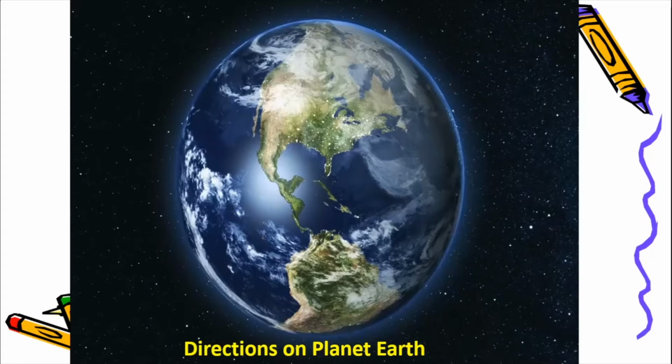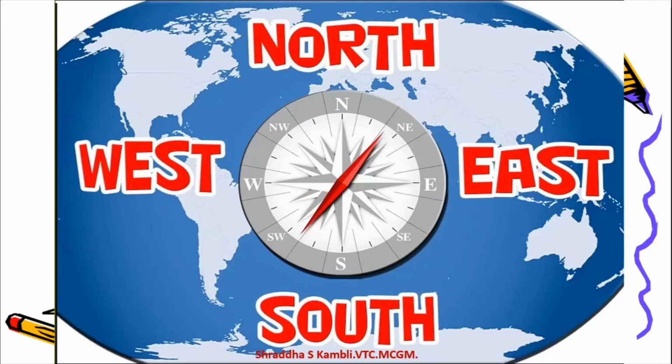It is very difficult. So for deciding directions on the Earth, we have these four proper points. What are these proper points? Either north, west, south and east. Okay, so instead of saying in front of, instead of saying behind, instead of saying right, left, we can also make use of these proper directions.